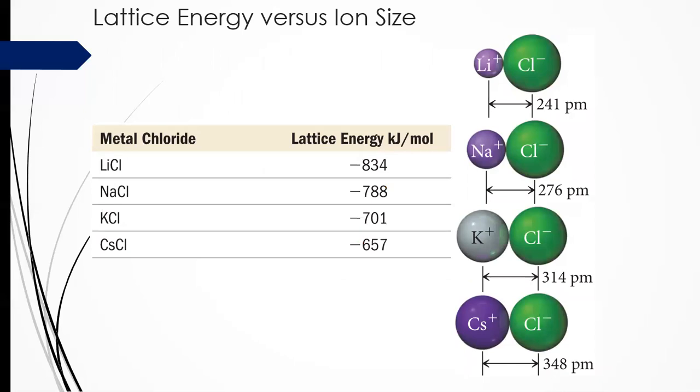If we compare lithium, sodium, potassium, cesium, all of these have the same charge difference, +1 and -1. So the thing that's changing isn't our chlorine size, it's the size of our cation, that lithium, that sodium, that potassium. And as the ion gets bigger, the distance between those charges also has to get bigger.